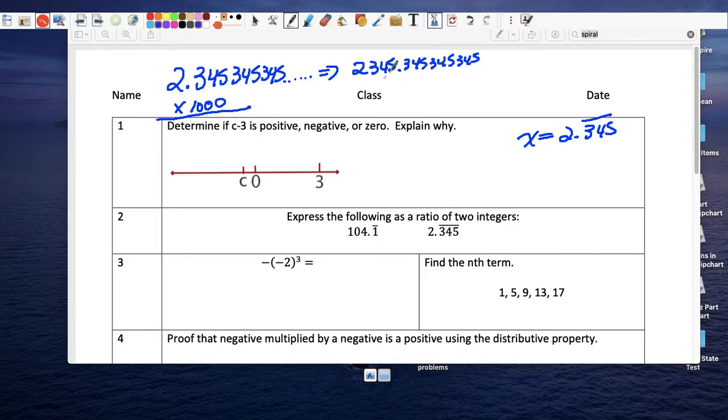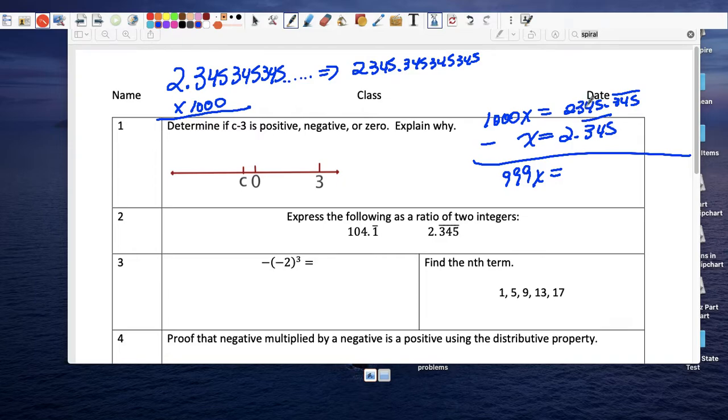Multiply both sides by 1,000. 1,000 times x is 1,000x. On this side, 2.345 times 1,000 is 2,345.345 bar notation. That allows us to subtract. 1,000x minus x is 999x.